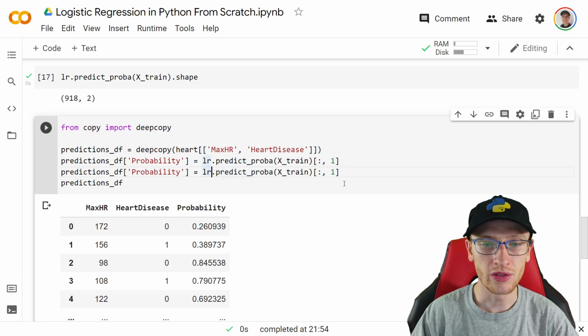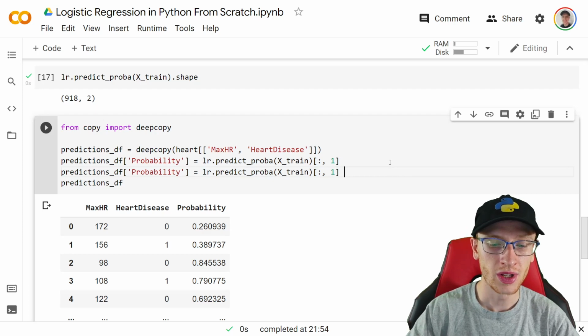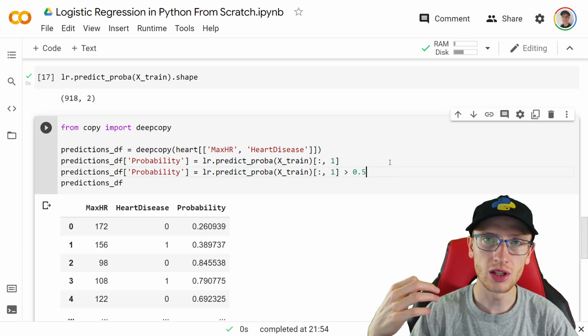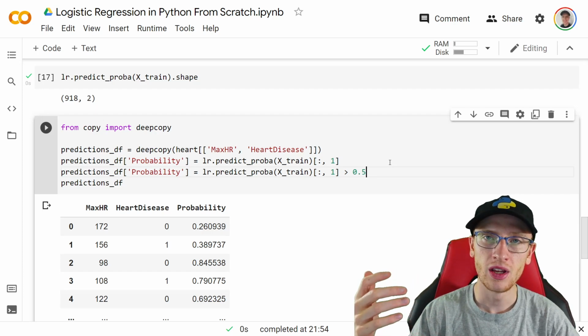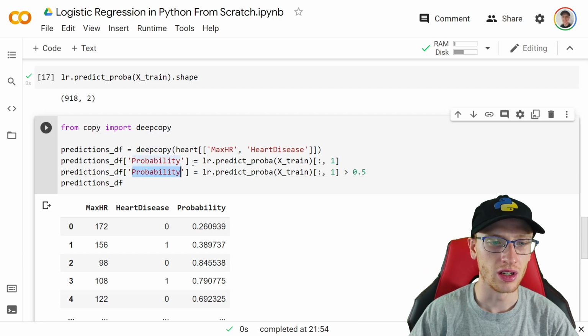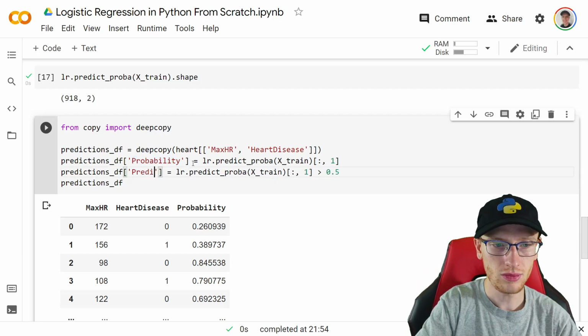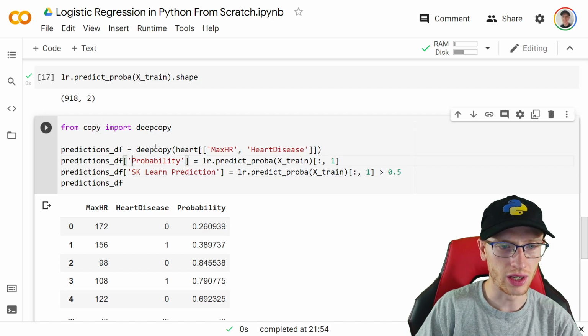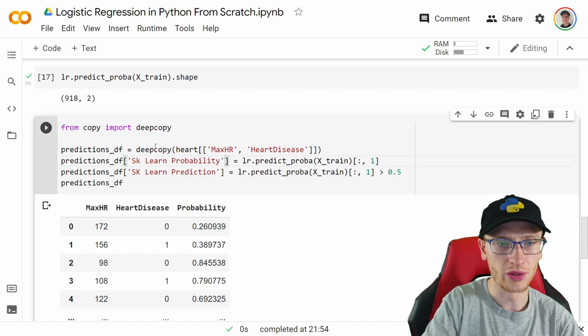We'll use the probabilities, except then what we can do is it's just if it's bigger than 0.5. Because what we really mean is that we would predict the class. I will say prediction. So this is actually Scikit-Learn prediction and Scikit-Learn probability.